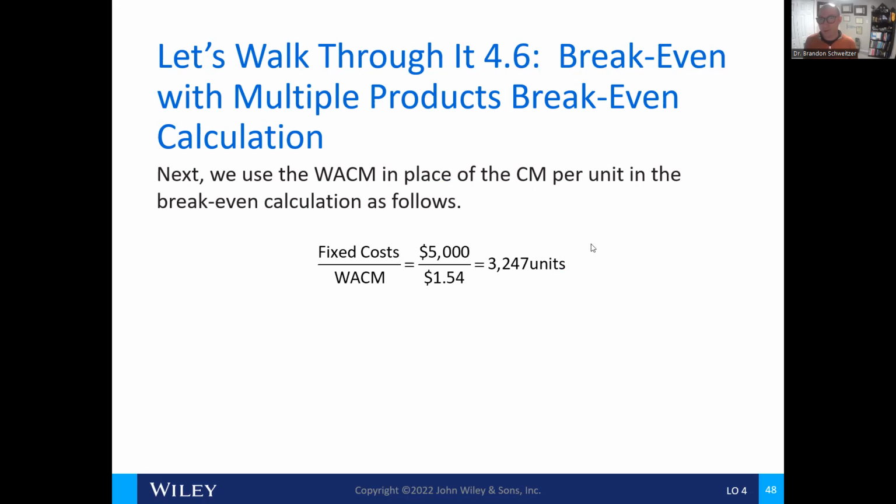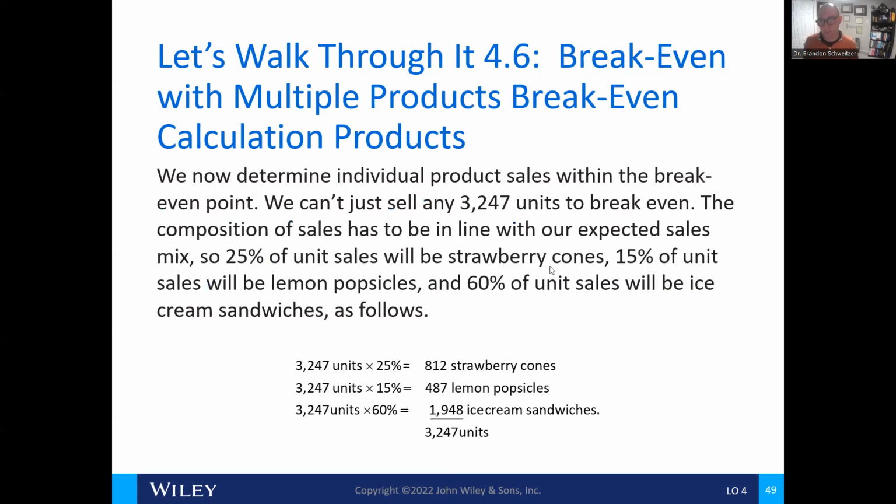Once we found that weighted average per unit, we take fixed cost divided by the weighted average per unit to get 3,247 units total that we would need to sell to break even for the company that sells multiple products. So again, it takes into consideration the sales mix and the number of units.